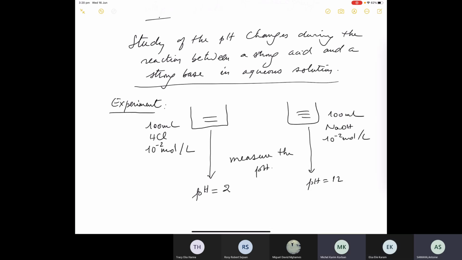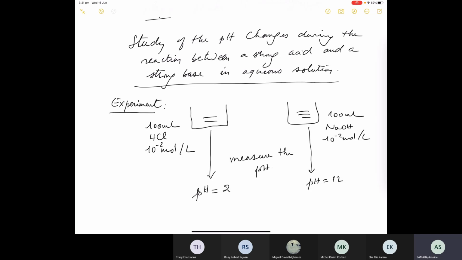Basically, when we mix, the two solutions are stoichiometric. They contain the same number of moles. Right?